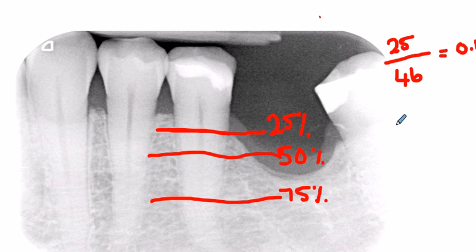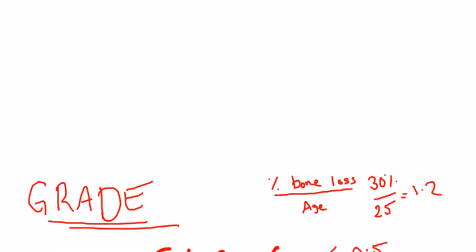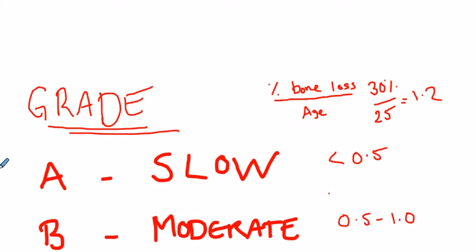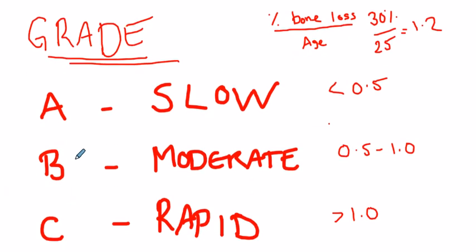Okay, let's go to the next page so we can look. Remember 0.6, so 0.6 would be in here, so that patient would be B moderate.